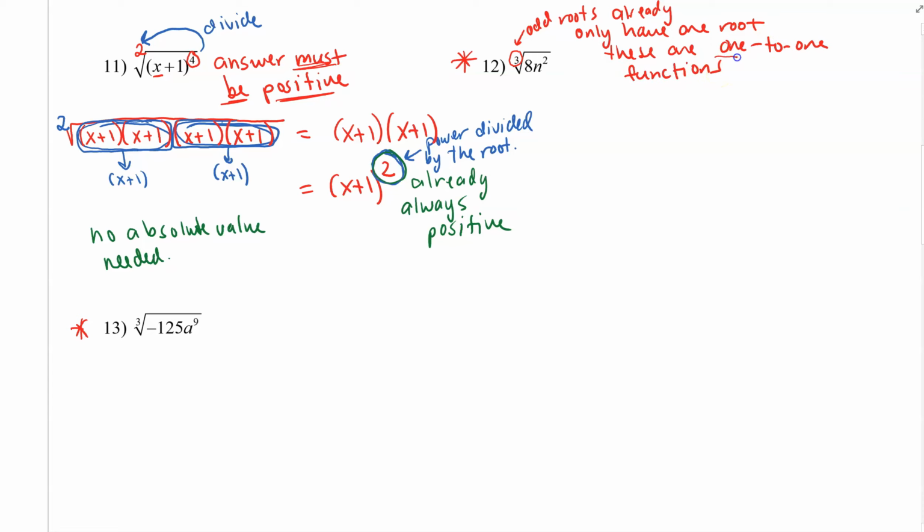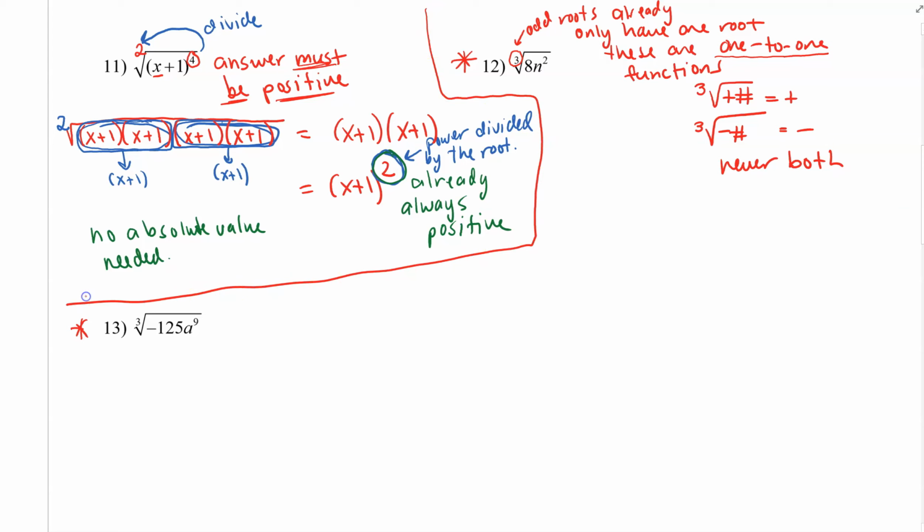We talked about how it was 1-to-1, and a cube root already has only 1 root. So the cube root of a positive number is going to be positive, whereas the cube root of a negative number is going to be negative, never both. Which makes it a lot easier to evaluate because we don't need to worry about the absolute value. You just don't need to worry about absolute values when you're dealing with odd roots.